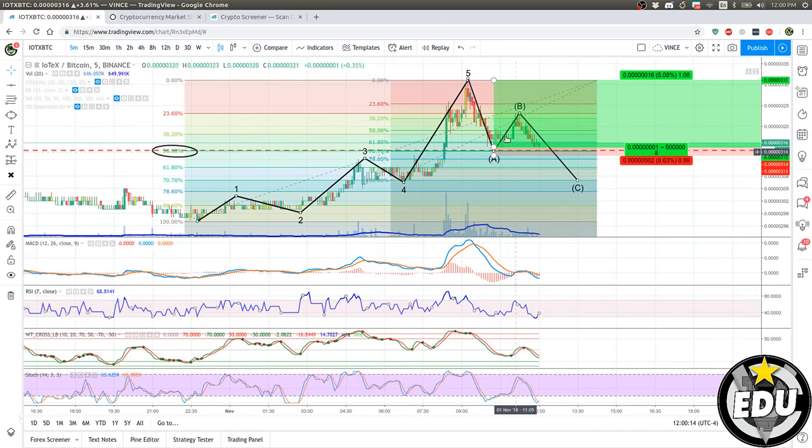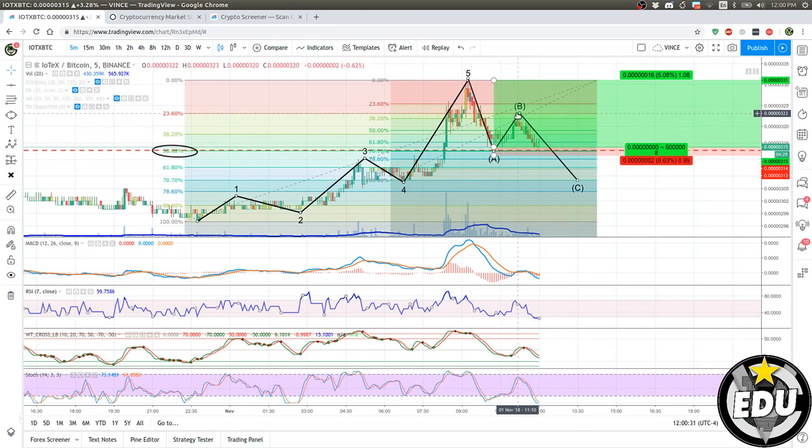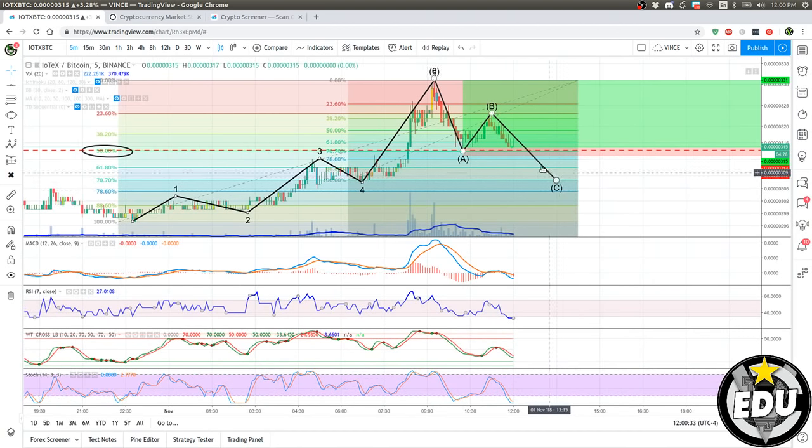But again, this ABC correction might lower our odds, just because we might think the C might drop down. So in this case, if you bought at the 70%, you make your trade. Instead of risking this, if you want, you can place another order at this level.